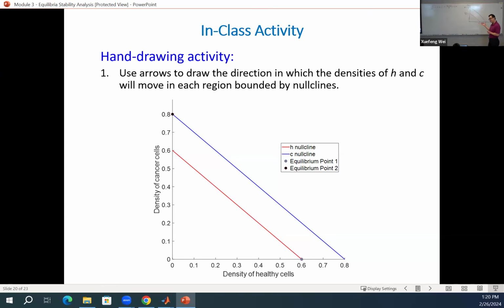So above this line, is dx1/dt bigger than 0 or smaller than 0? If I say above this line, is it bigger than 0 or smaller than 0? Above this line here, everything above is going to be bigger than 0? Why?